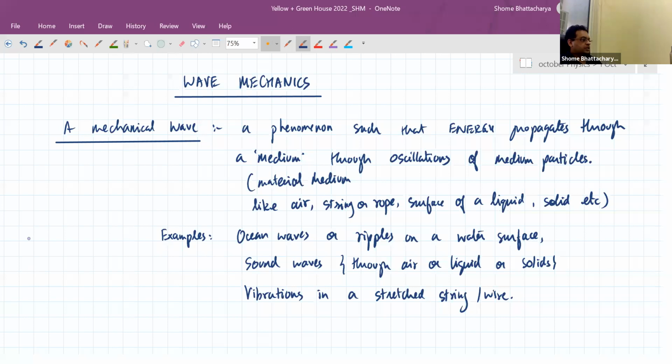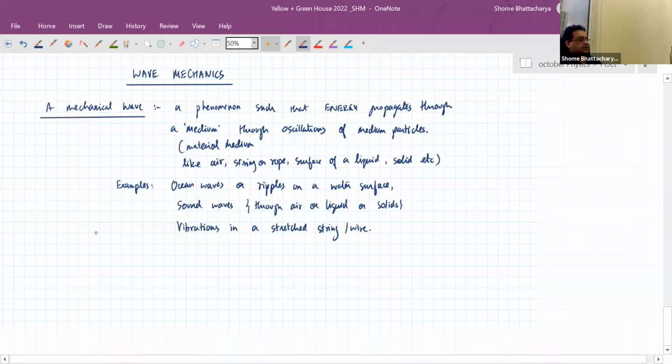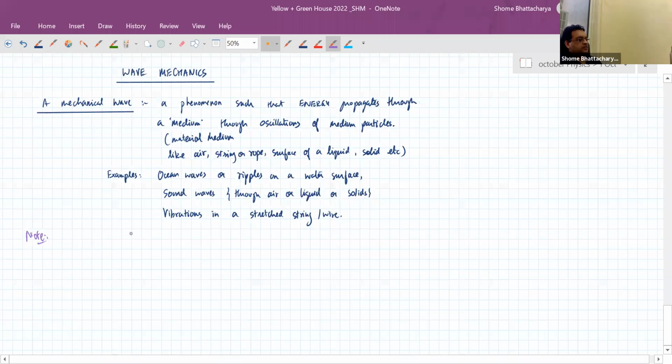Now, one more thing we should understand here is that light, X-rays, microwaves, cosmic waves, radio waves, etc. are examples of electromagnetic waves.